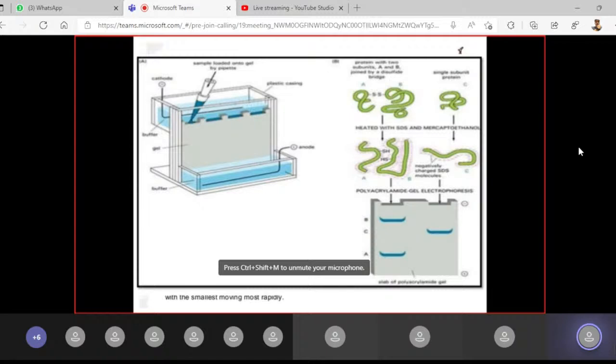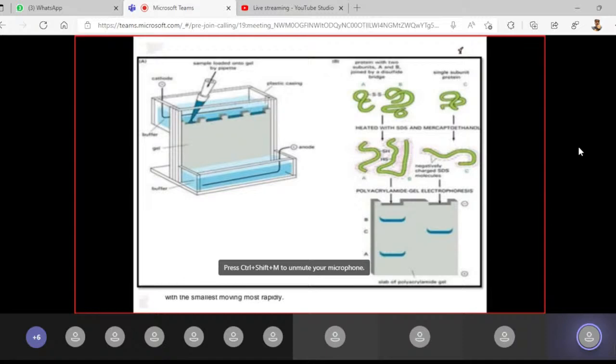So you can check for the enzyme activity by running on the native page because enzyme is not denatured, it maintains its activity. But in SDS page, you cannot check the enzyme activity because it's all denatured, fragmented. So you can check what is the size and subunits of the enzyme, but you cannot see the activity of the enzyme.